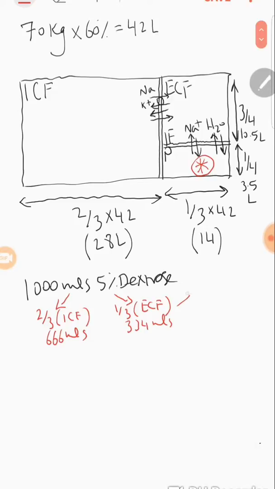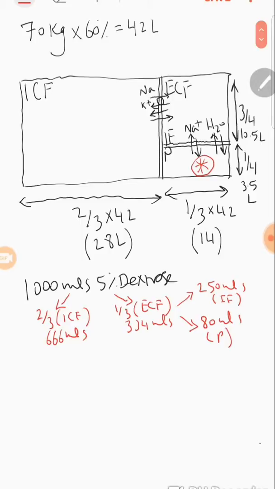Furthermore, we know that of the extracellular fluid, 3/4 of it is interstitial fluid. That's fluid outside the plasma, but also outside the cell. And that is around 250 mils or thereabouts. And that leaves around 80 mils in the plasma.